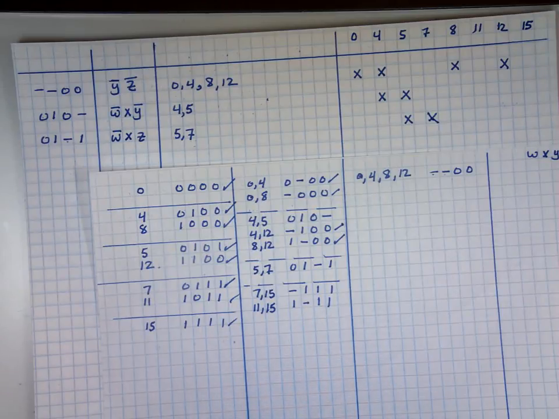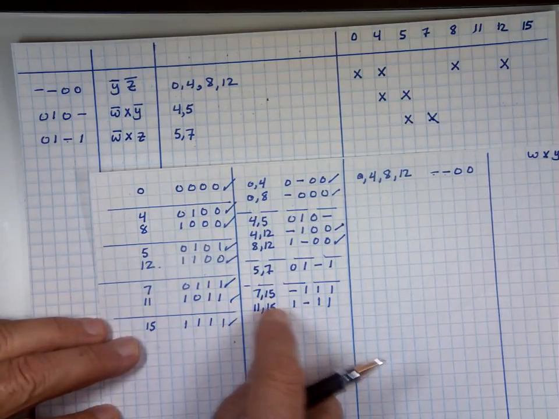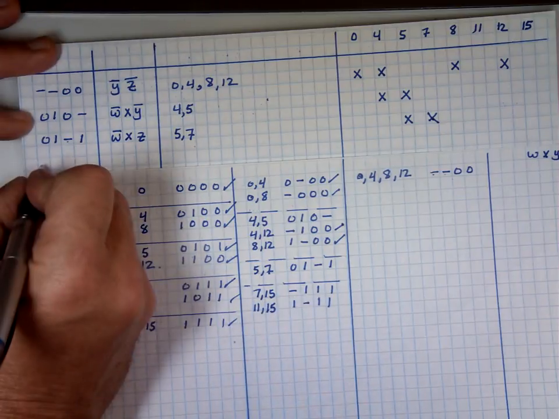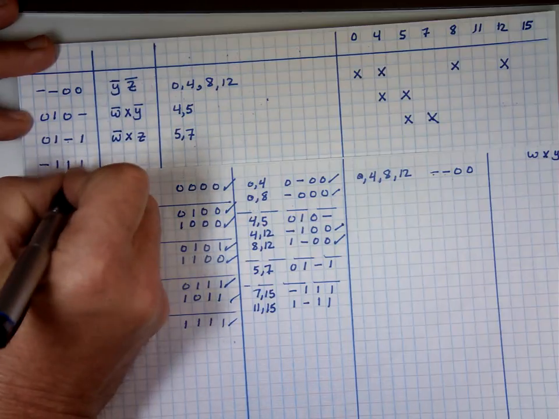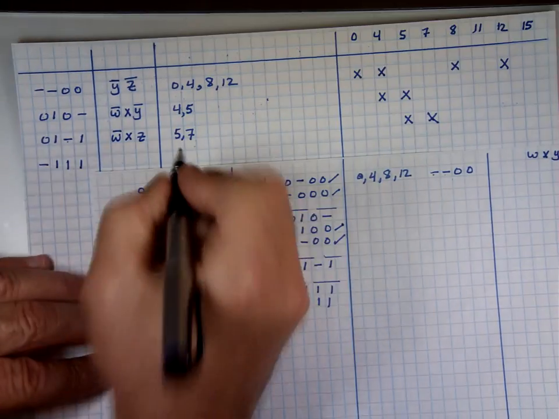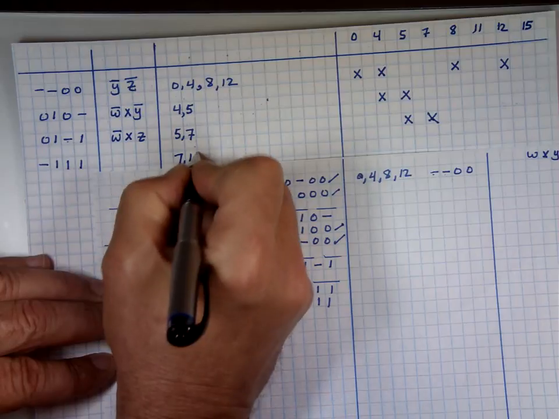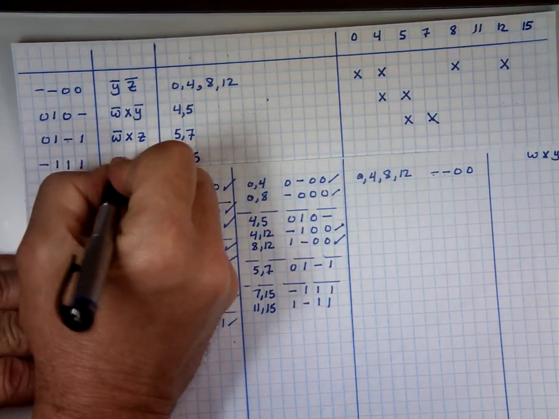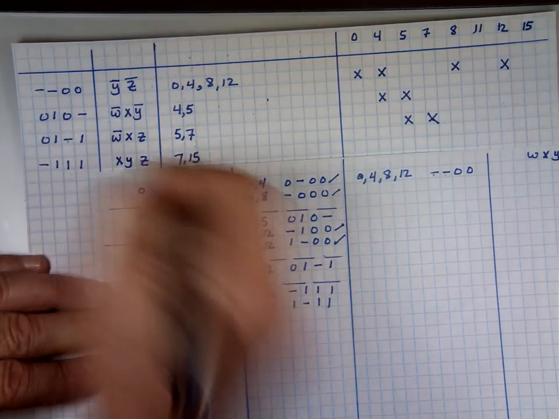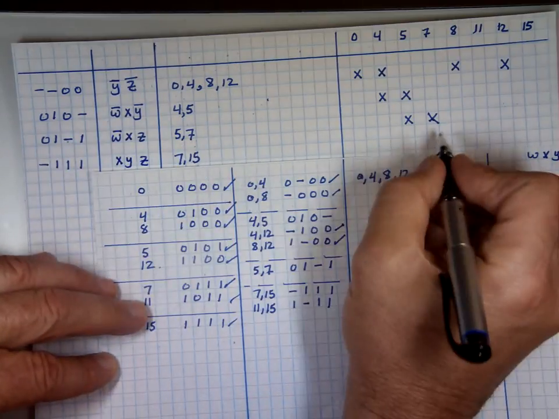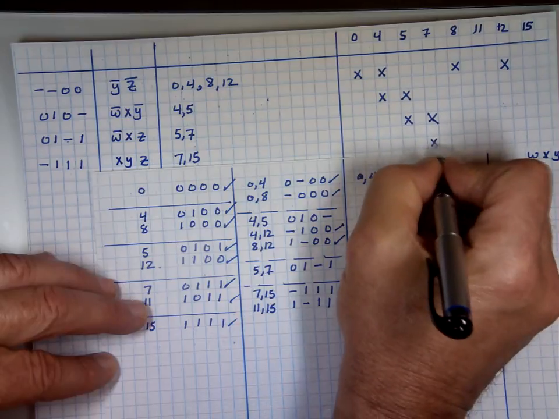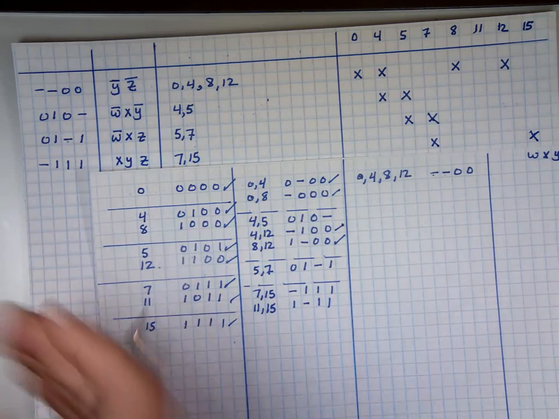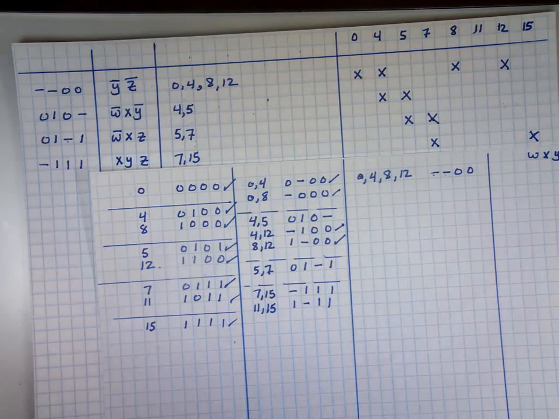We have the 7, 15 and 11, 15. You see them down here on the bottom? Dash 1, 1, 1. 7 and 15. Dash, that means W is gone. X, Y, Z. 7 and 15. And you want to line them up perfectly so they're on top of each other.